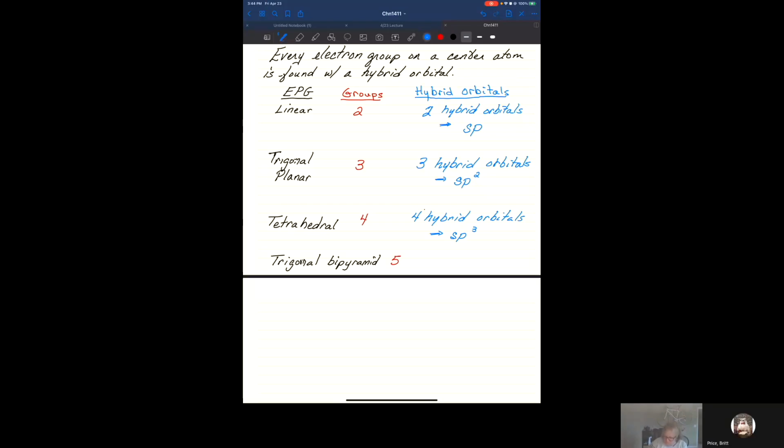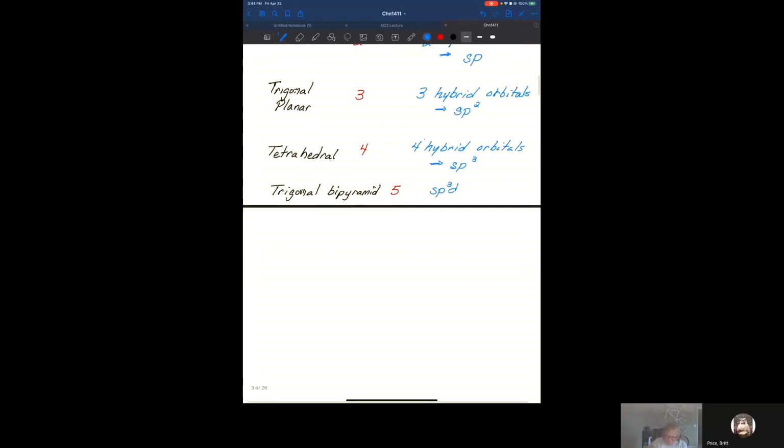So there's 5 hybrid orbitals, sp3d. And 6, octahedral, when we have 6 electron groups.